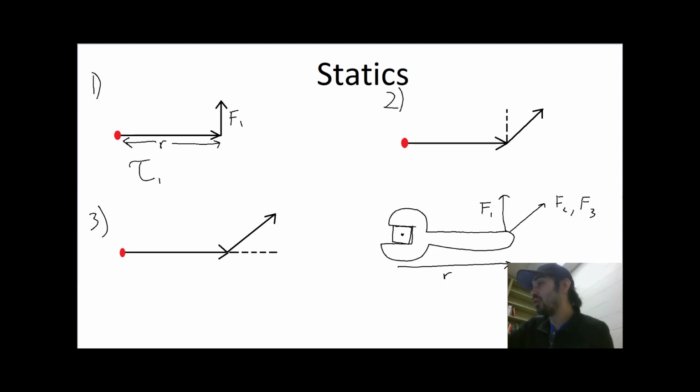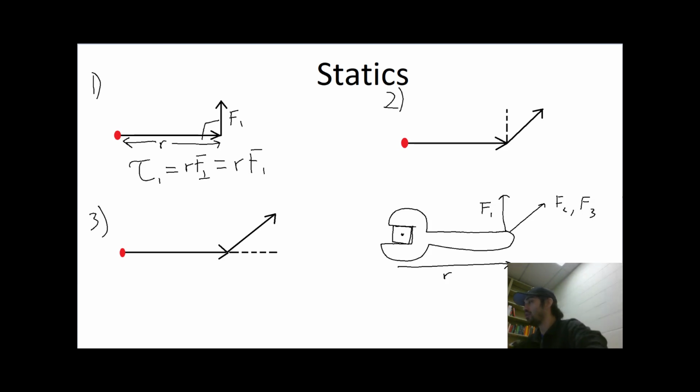In general, this is going to be equal to r, the distance, which here happens to be exactly the same thing, times F perpendicular. So the question is, what is F perpendicular to r? In this case, F1 is actually already perpendicular to r. So here, torque 1 is just going to be equal to r times F1.